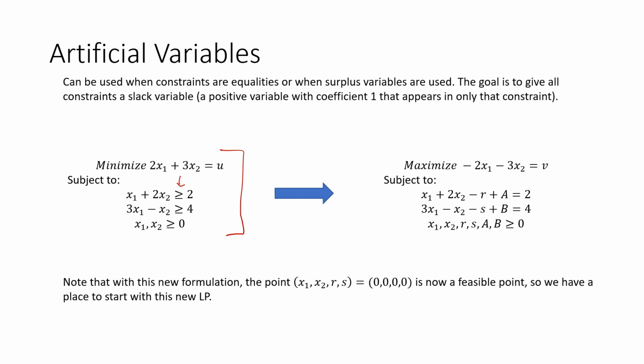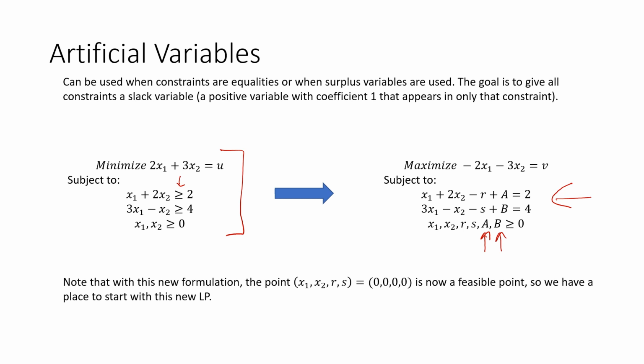And if you try to plug in x1 equals 0, x2 equals 0, you see it's not a feasible point. So what we do is we add the artificial variables, in this case, a and b. Now if you take all of the other variables, x1, x2, r, and s, and make them equal to 0, you have a feasible point.